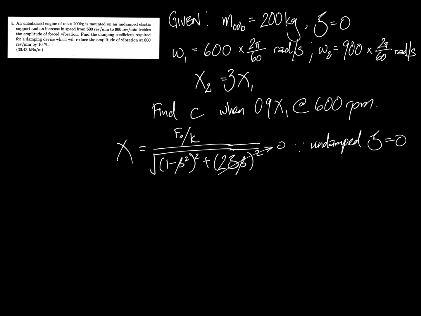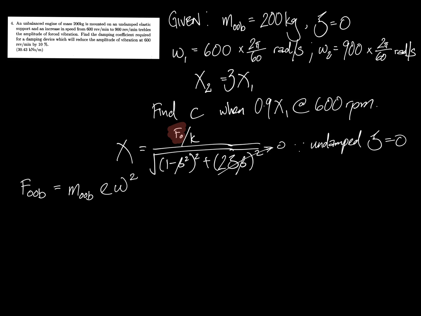So we have a forced vibration problem where this force here, Fo, is going to be equal to the out of balance force, OOB, out of balance force, which can be derived from M OOB E omega square, right?